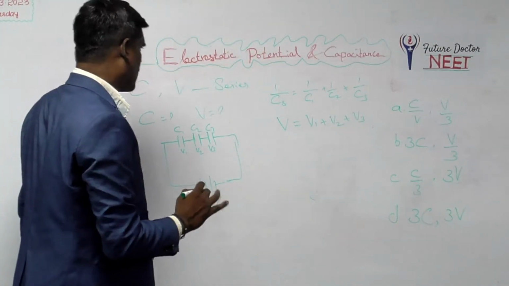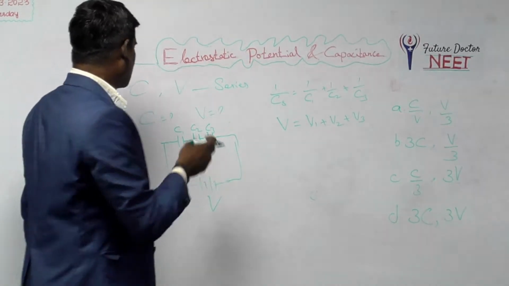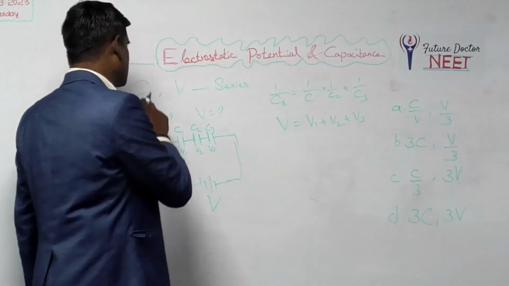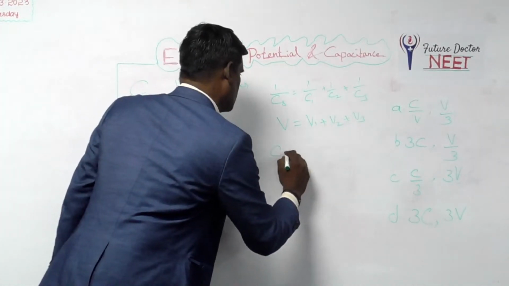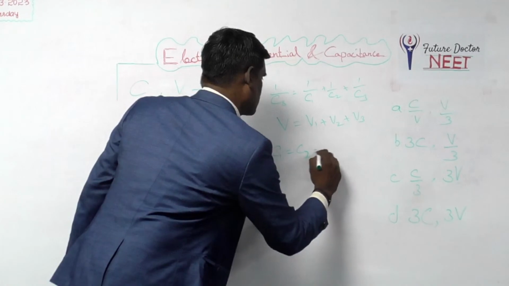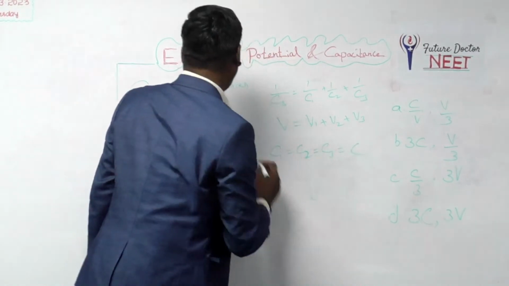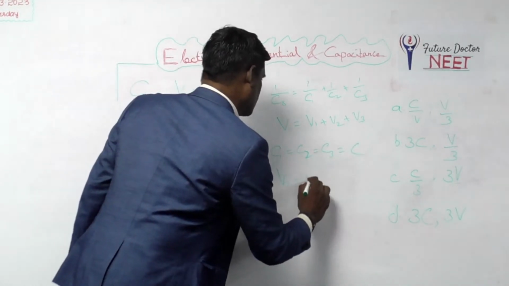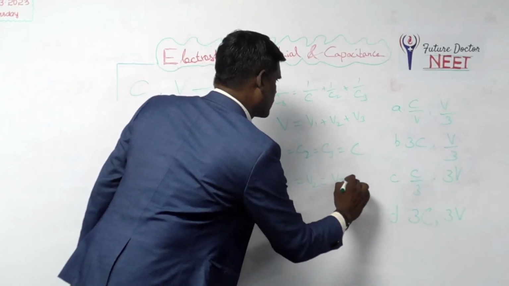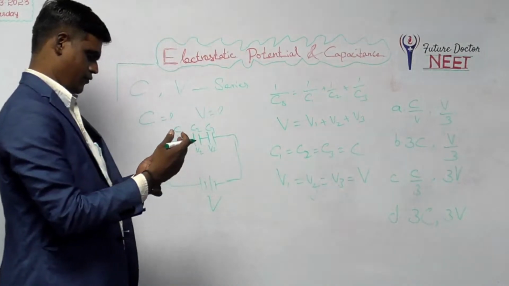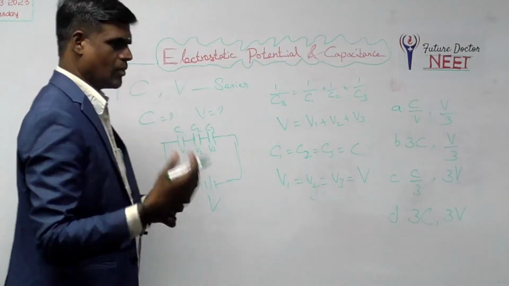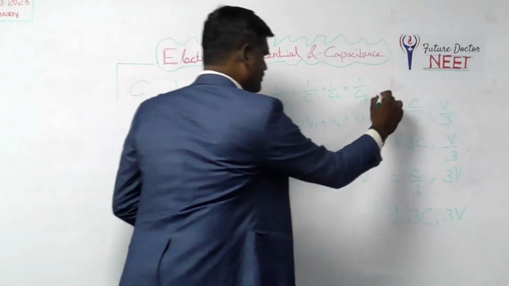Now, the question is given, capacitance of each capacitor is C. C1 equal to C2 equal to C3 equal to C, and V1 equal to V2 equal to V3 equal to V. Find the answer.